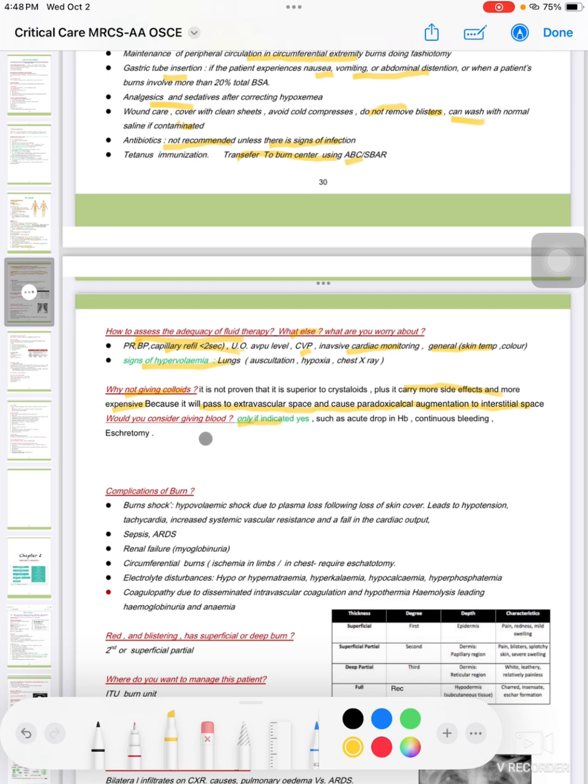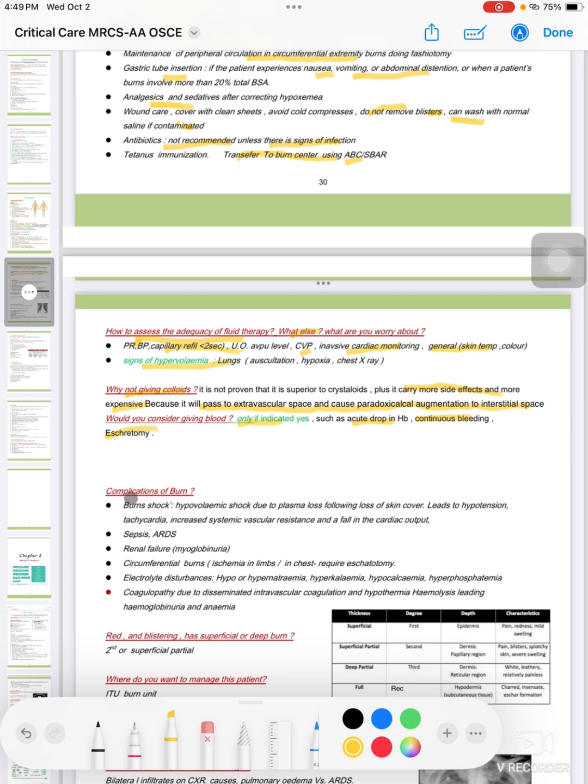If hemoglobin is 8 or less in case of post-traumatic, or 7 or less in case of chronic anemia, blood transfusion is indicated, and also in case of acute drop in hemoglobin and continuous bleeding, and in case of escharotomy.